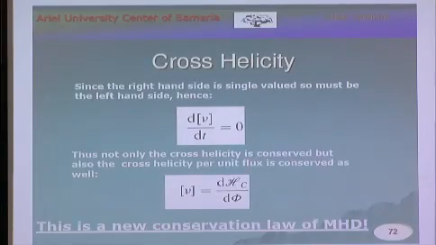And this means that the material derivative of delta nu must be null. So not only is the cross helicity conserved, but also the cross helicity per unit flux is conserved as well. So this is like a new conservation law of MHD.